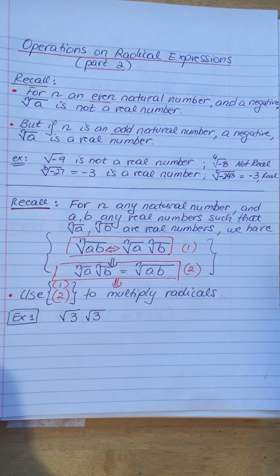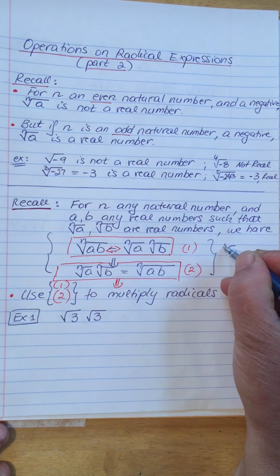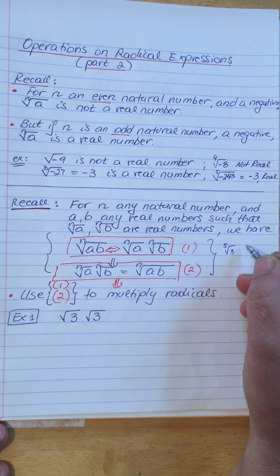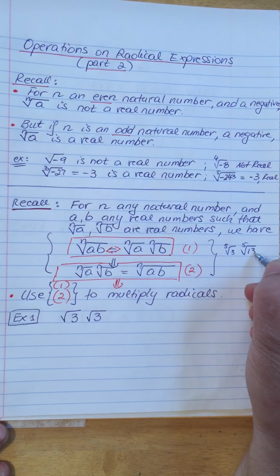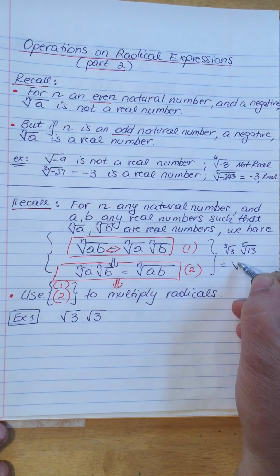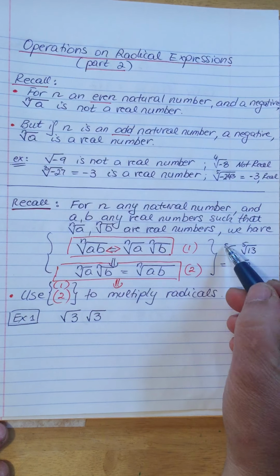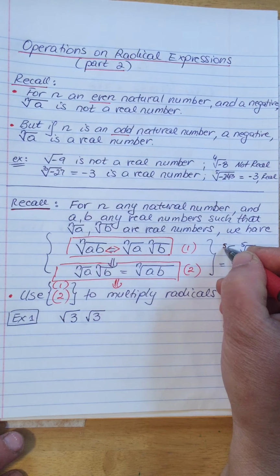For example, I can multiply the fifth root of 3 with the fifth root of 13, and we can write this as the fifth root of 39. Why? Because the indexes are the same. The radicands don't matter.